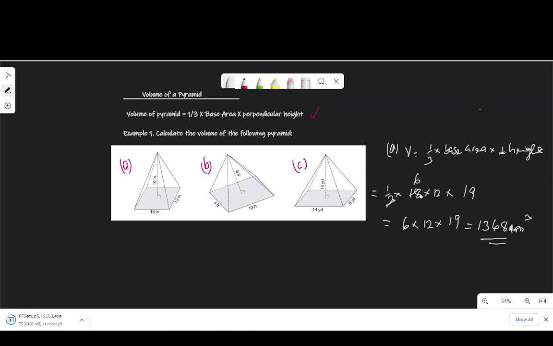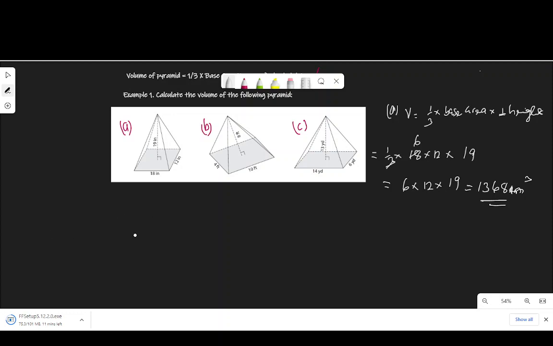Now for B, let me do B right here. Again, volume V is 1/3 multiplied by base area multiplied by perpendicular height.